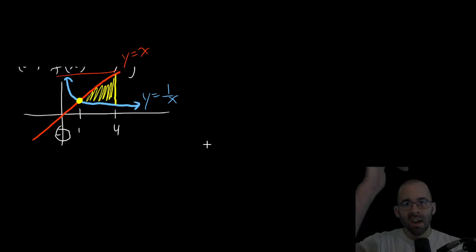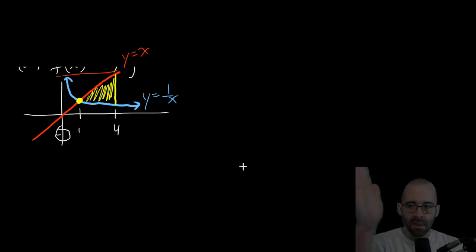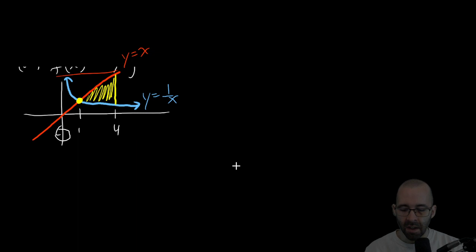You're rotating it around the x-axis. It's outer and inner. You're rotating it around the other axis. But now the outer function is this. And the inner function, well, sometimes it's that. And sometimes the inner function is this.